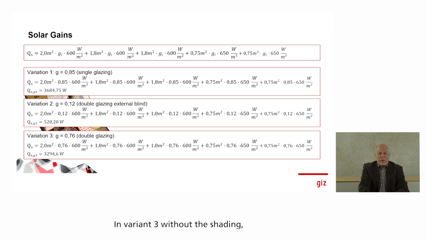In variant 3, without shading, it results in a QS value of 3295 watt. We can see that the QS value depends on the type of window, but the decisive factor is whether or not shading is installed.